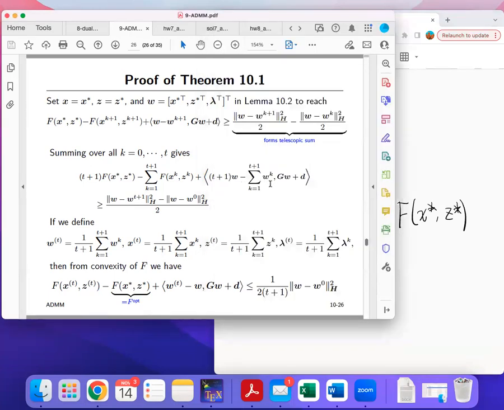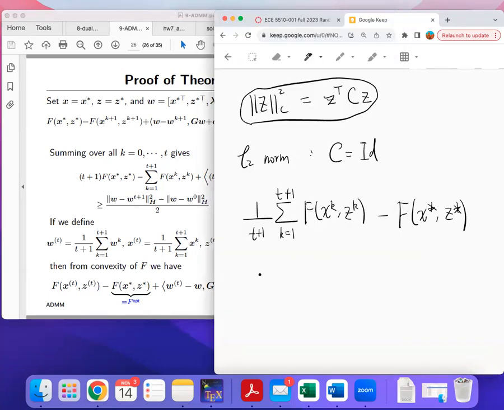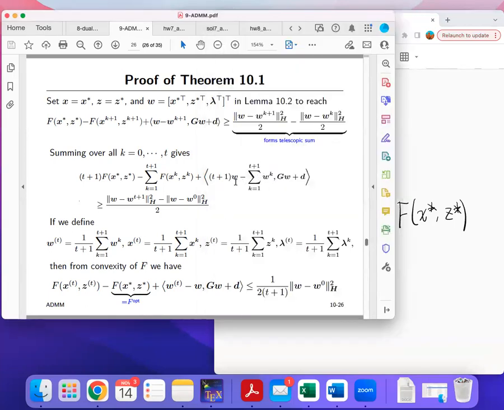And this inner product term, you can see after dividing by t plus 1, this omega comes here. And this becomes the running average of omega k, which is omega t by definition. And the G omega plus d, that will remain the same.